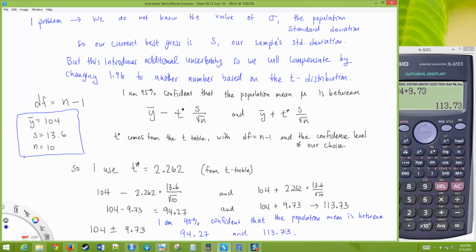So this is our first taste of inference, and it comes as a culmination of our understanding of sampling distributions and our description of data with using just the mean and standard deviation here. Okay, so let me label the parts of a confidence interval.